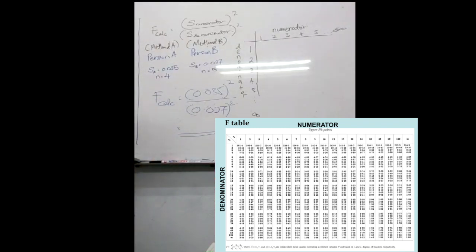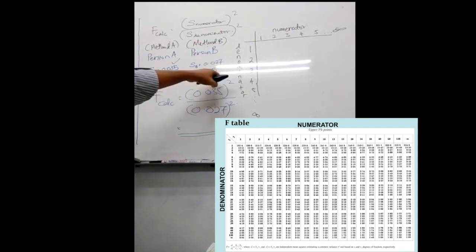To get it, we must know the replicate number for the numerator and also the replicate number for the denominator. Because this one is the numerator, its replicate number is 4. For this one, the denominator, the replicate number is 5.